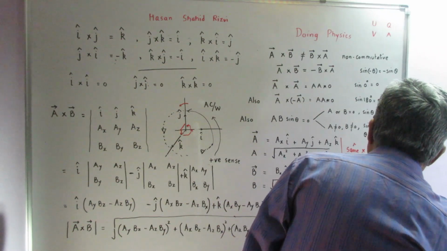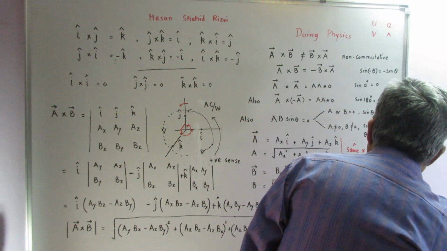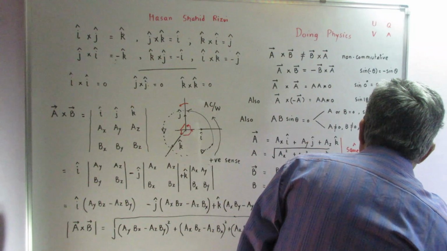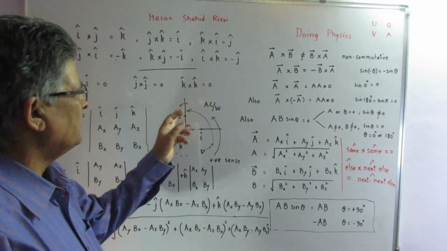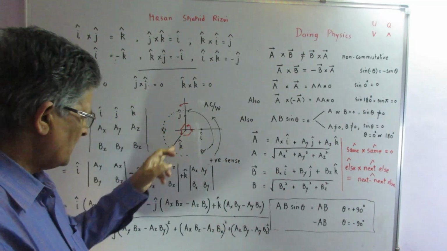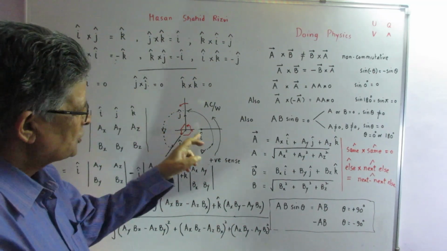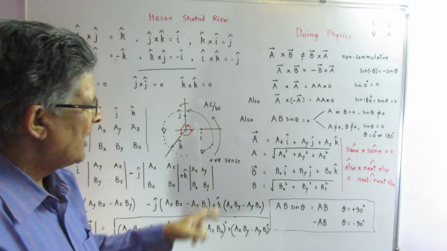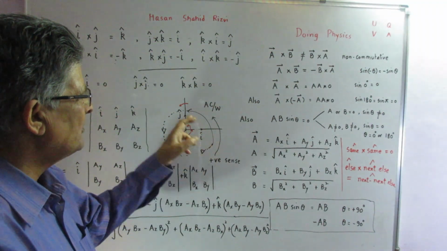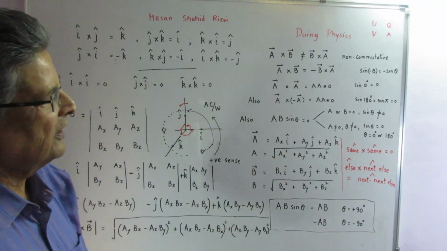This is the method that I remember, and I want you to devise a method by which you can remember it. Take any one, say j, cross the next, which is k. The next to next will be equal to i cap. I take k cross i, it will be j cap, and so on.